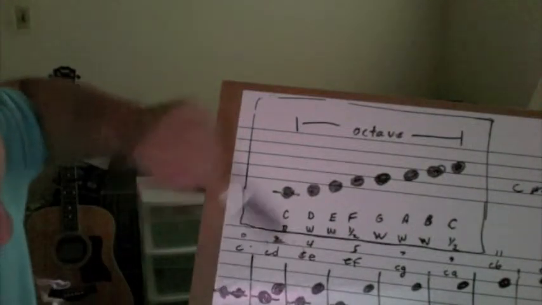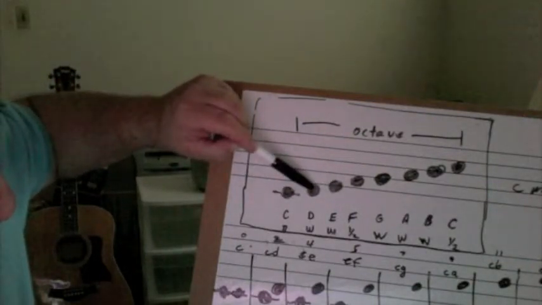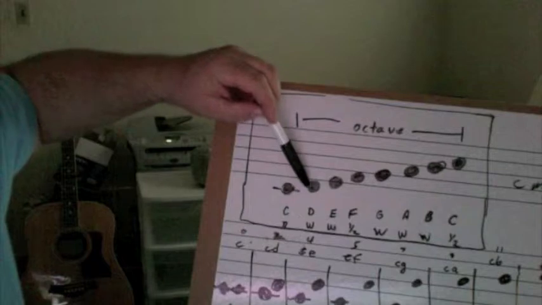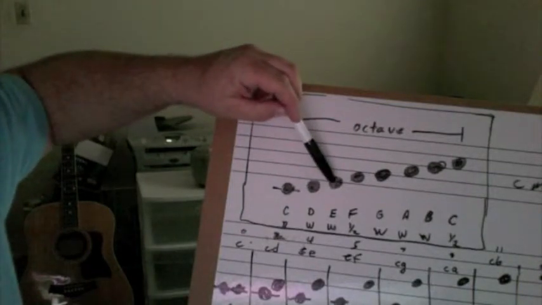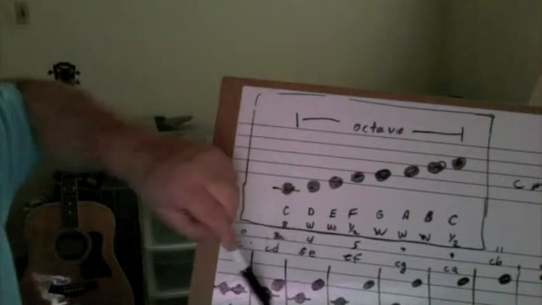From C to D is 2 half steps, and from C to E is called a major third.